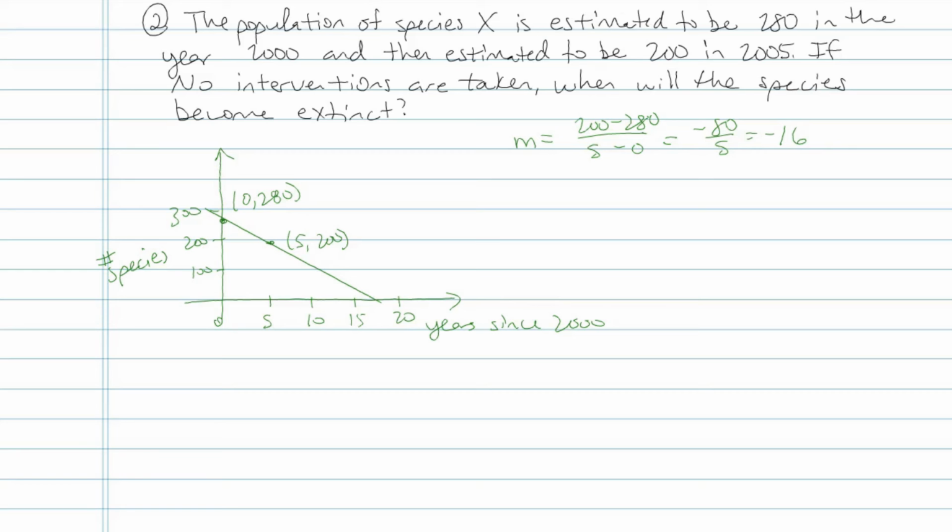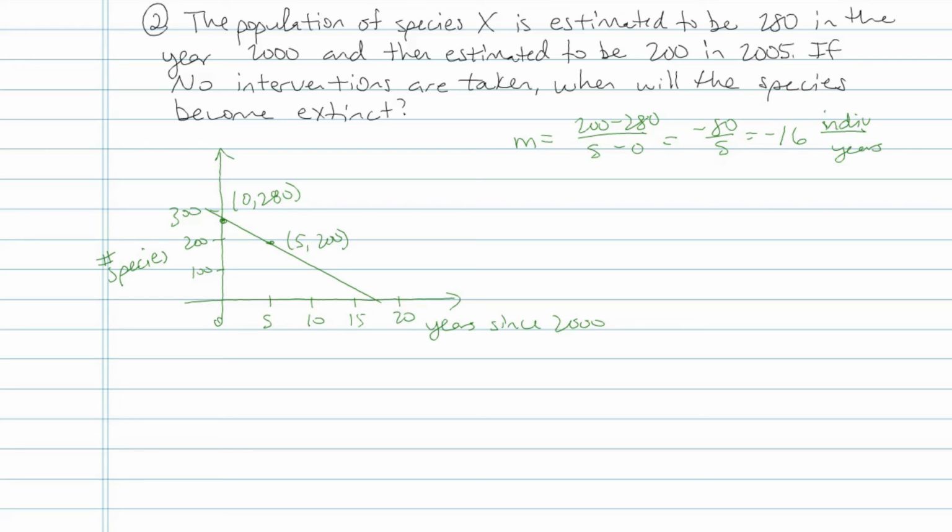That tells me, by the way, that my change in y, so change in species, I'm going to call it individuals, is on top of my change in x, the years. It tells me I'm losing 16 of these species per year, 16 birds per year, 16, I don't know, they are woolly mammoths, going away each year.